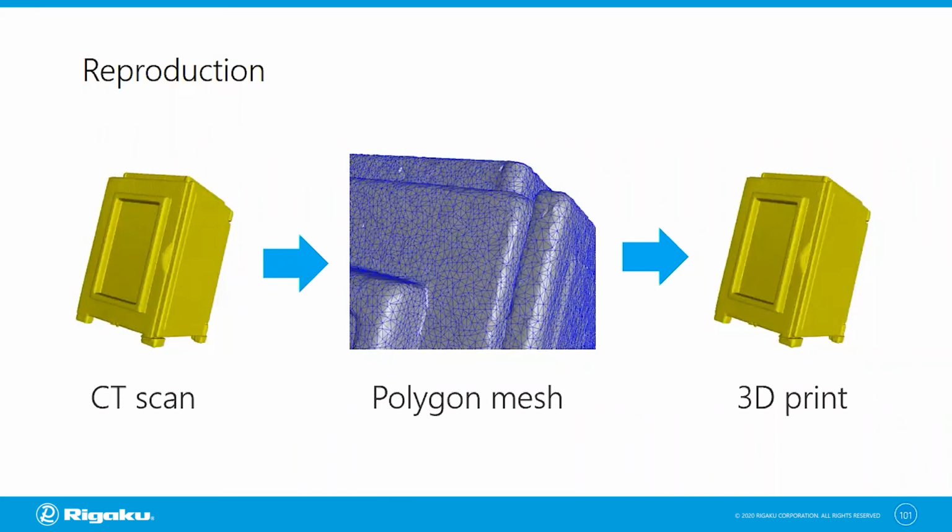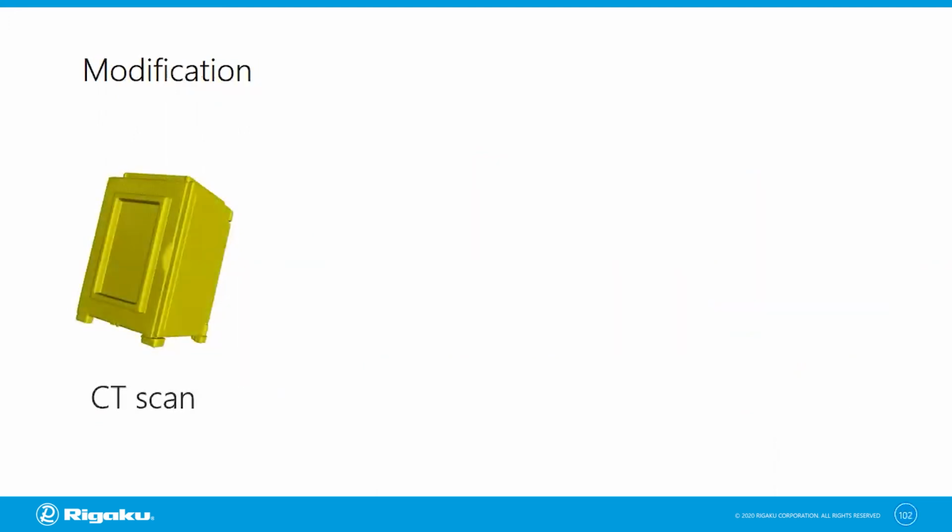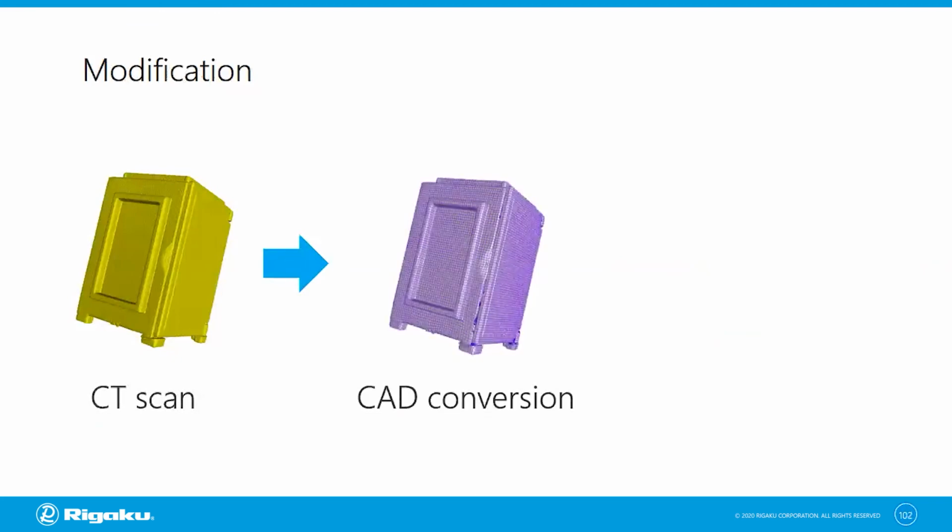But let's say that we need to make some modifications to this existing part. Then a polygon mesh is probably not the most convenient way to do the conversion. In that case, you can convert the CT scan into a CAD drawing. This actually is not a really trivial thing to do, but VG Studio just added this function, an ability to convert a CT scan into a CAD drawing.